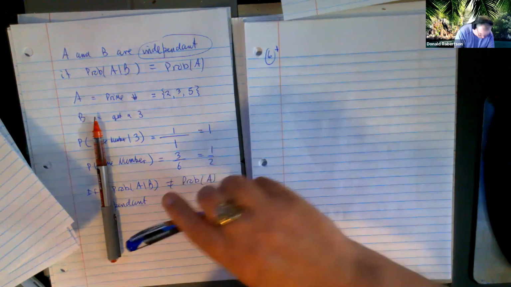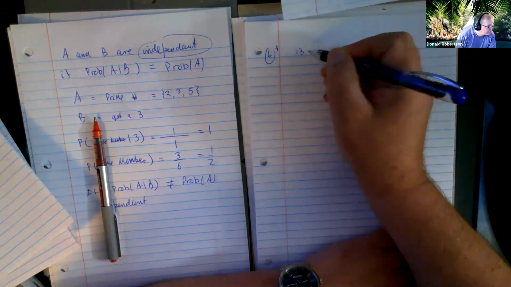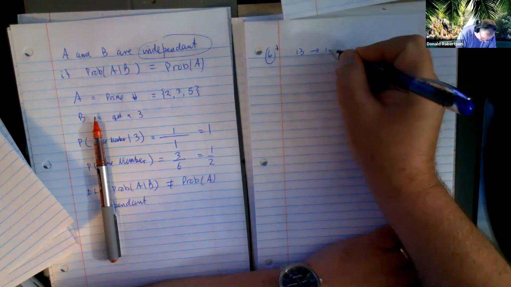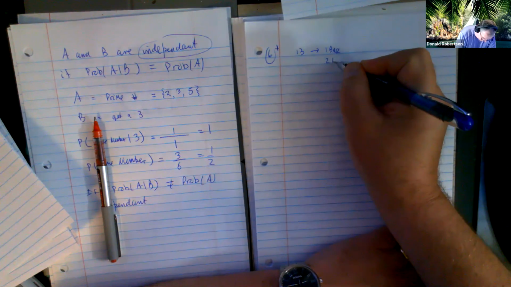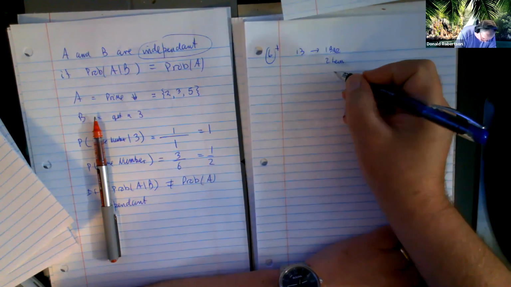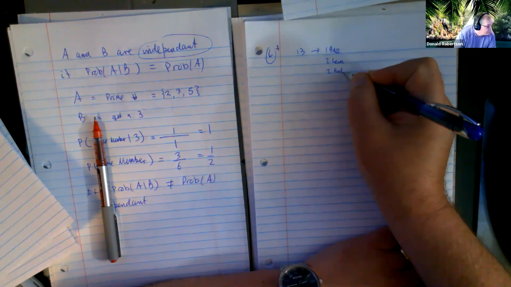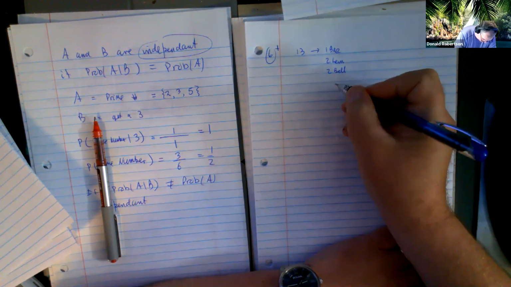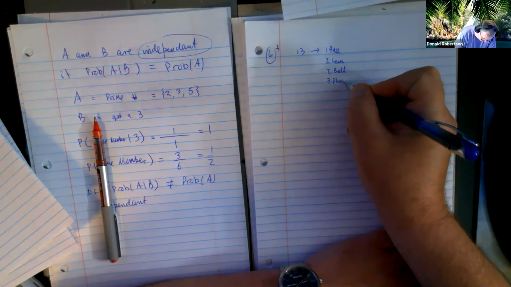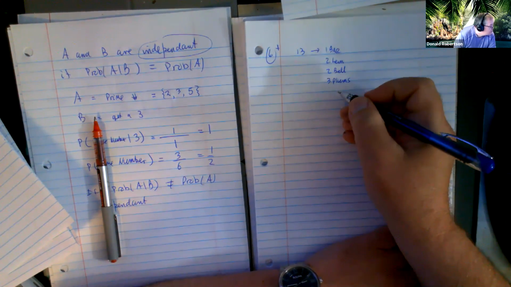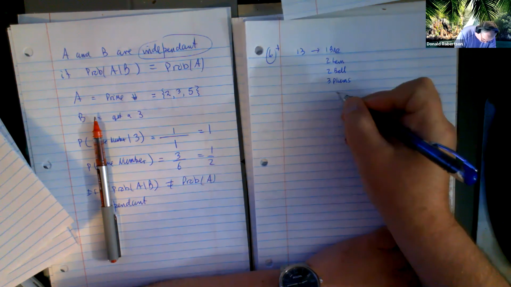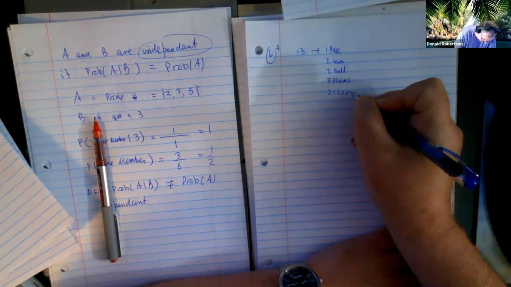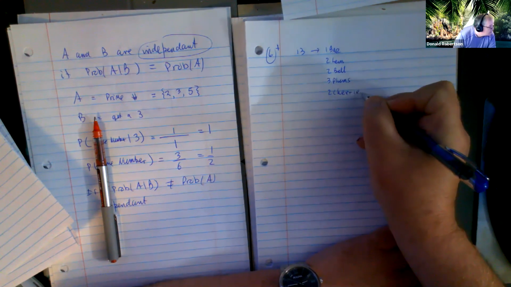Okay, so there are 13 symbols. There's a bar, one of them. There's 2 lemons. There's 2 bells. 3 plums. 2 cherries. 2 oranges. Oh, I take it back. I do not need, thank goodness.